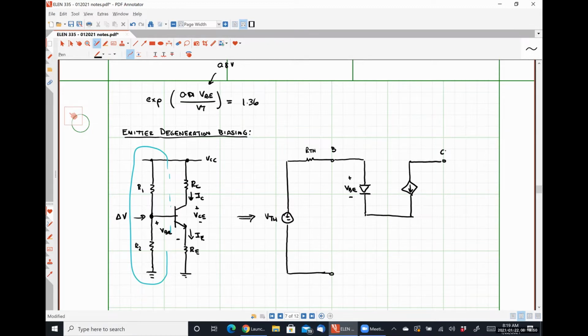Here's my collector. Here's that voltage, resistance RC. Over here is my power supply voltage. Between my emitter and ground, I now have this guy, RE, like so.